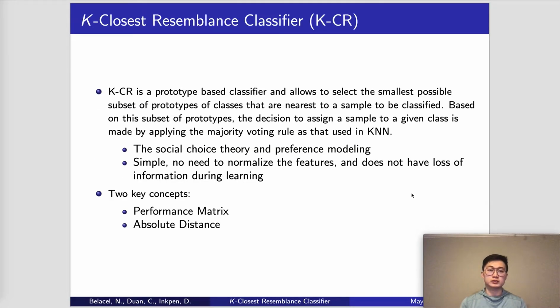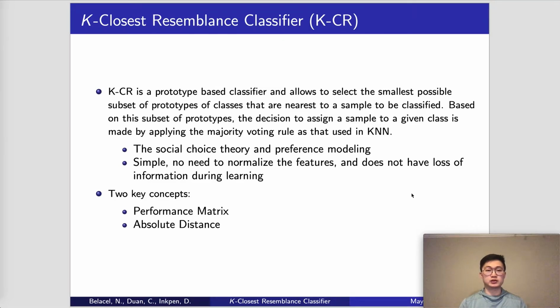So Dr. Nabil came up with this K-Closest Resemblance Classifier, the KCR. It is a prototype-based classifier. It works by first selecting the smallest possible subset of prototypes. When a new sample S comes, you use this set of prototypes to decide which class this sample will be assigned to.